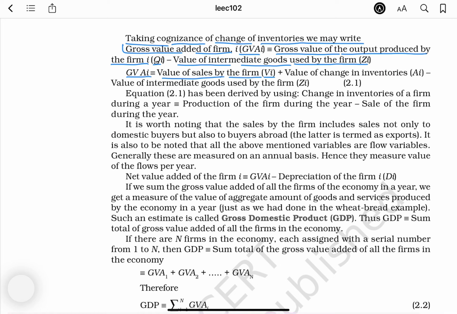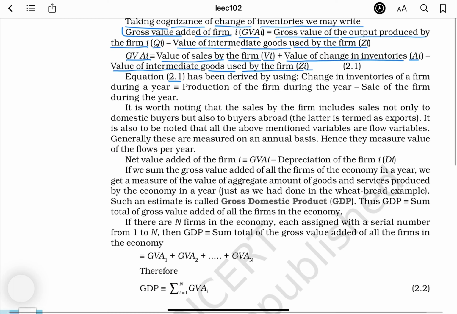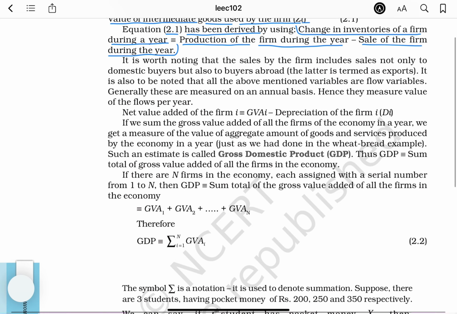GVAi equals value of sales by the firm, Vi, plus value of change in inventories, ΔSi, minus value of intermediate goods used by the firm, Zi. Equation 2.1 has been derived by using change in inventories of a firm during a year equal to production of the firm during the year minus sales of the firm during the year.